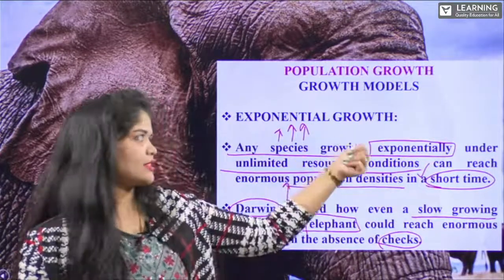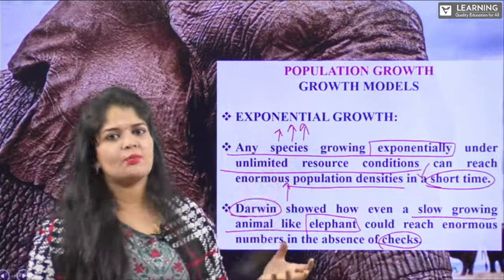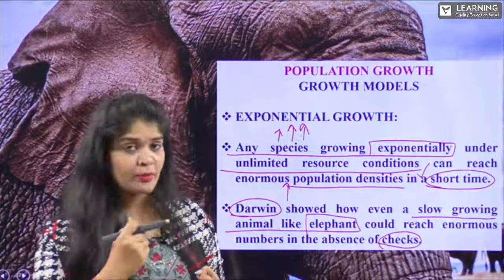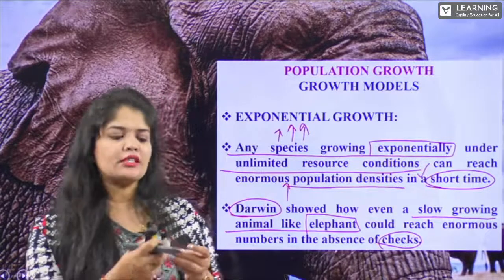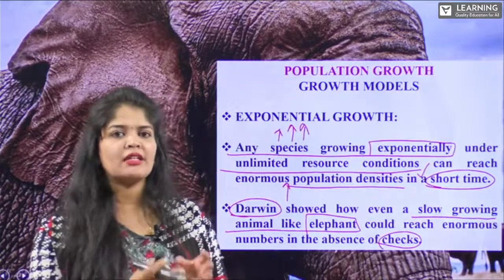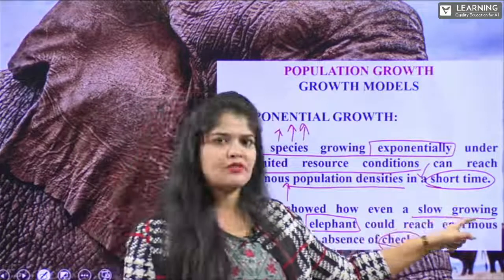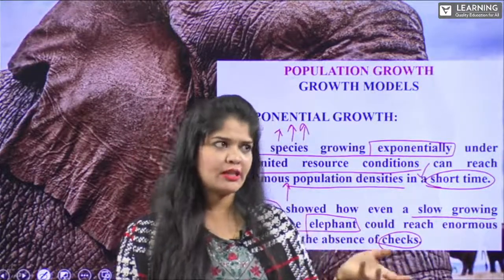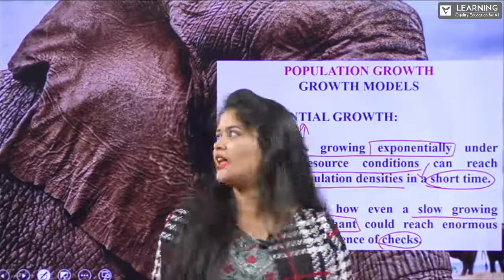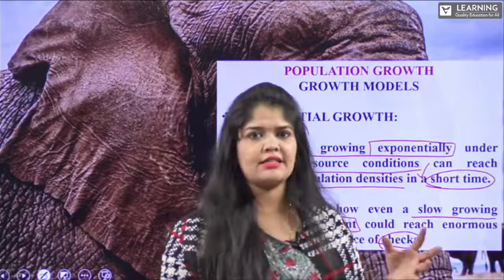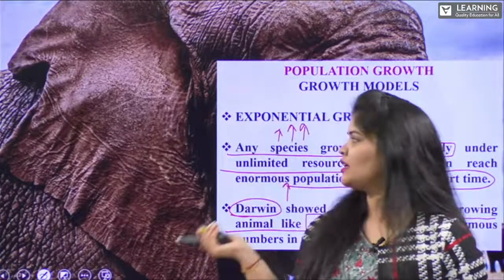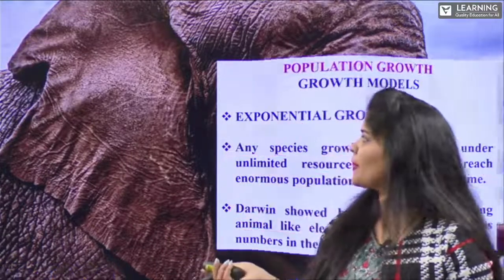Food in the sense of resources, whatever the habitat provides: food is available, space is available, favorable conditions are available. If all the conditions are available, whether it is a fast growing or slow growing animal, even the slow growing animal can reach a tremendous increase in population size. That is what this indicates, right?